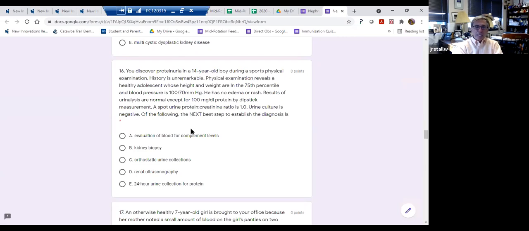And the logic is that you could do a 24-hour collection, but remember, unless you do it into 2 aliquots, it doesn't help you with the most likely diagnosis of BOP, benign orthostatic proteinuria. And so you want to do orthostatic urine collections.